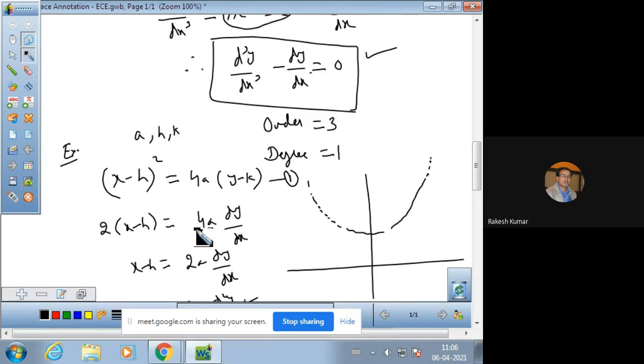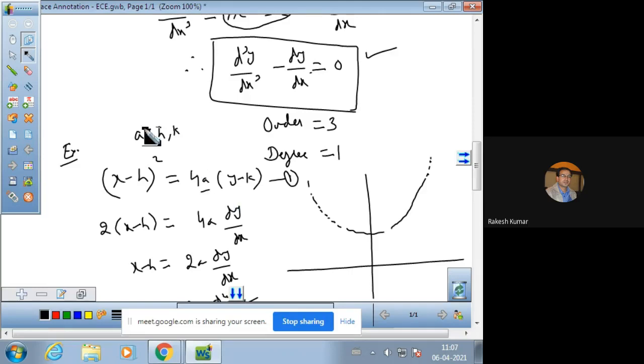So you will have the equation like this: (x minus h) whole square is equal to 4a (y minus k), where h, k and a are constants. So you just need to eliminate these three constants.